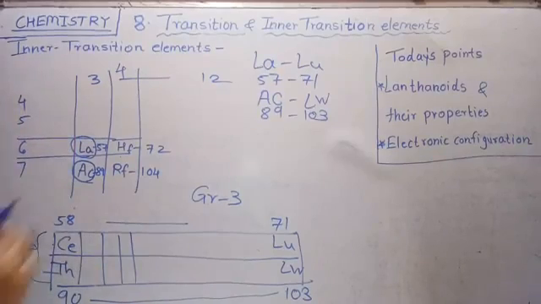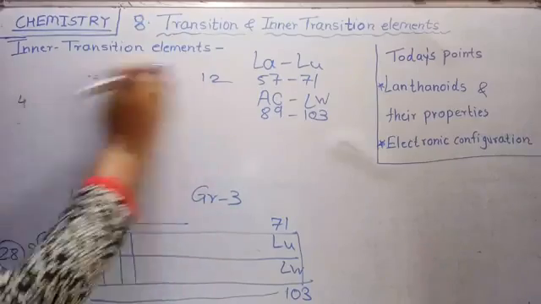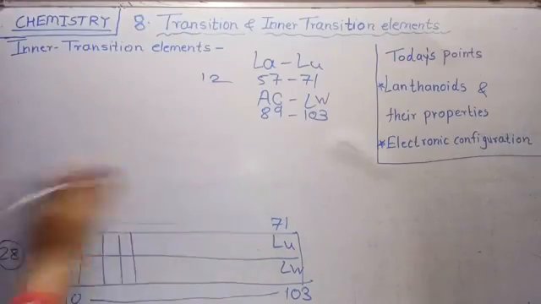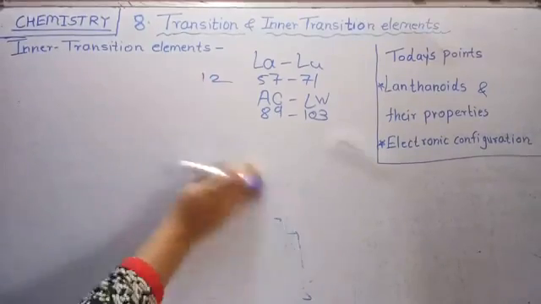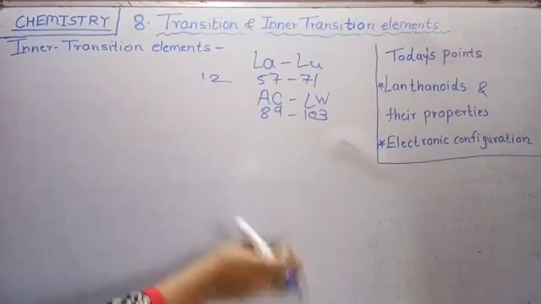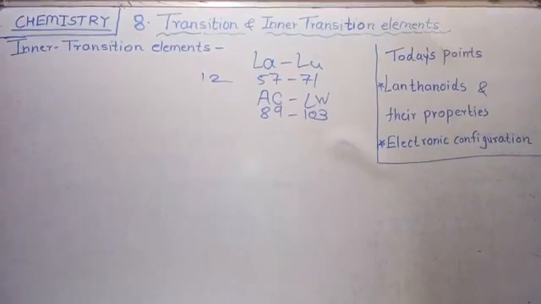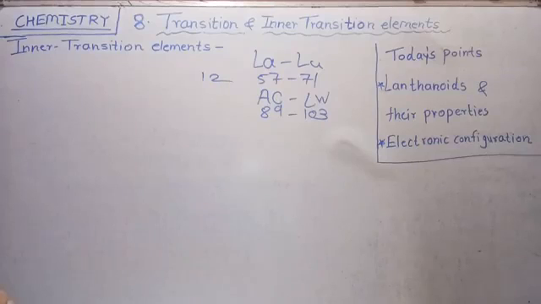These inner transition elements are called F block elements because their differentiating electrons enter into the F orbital.